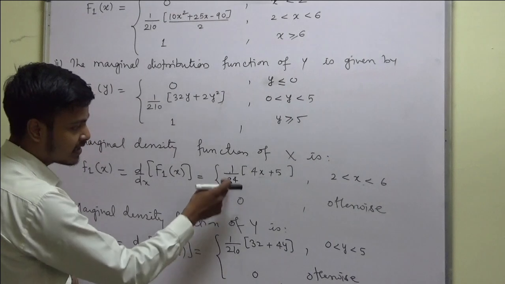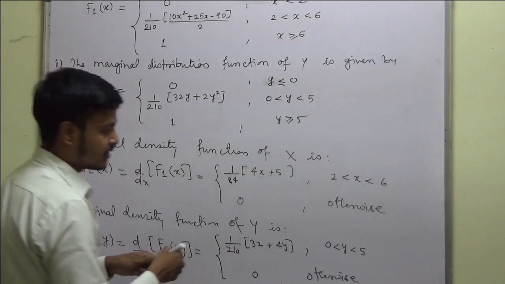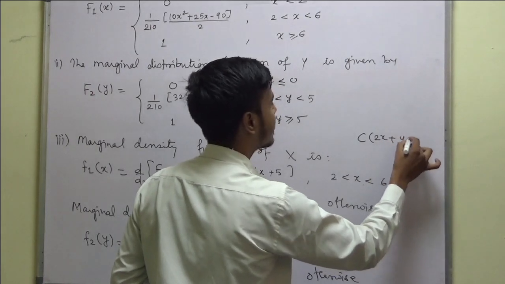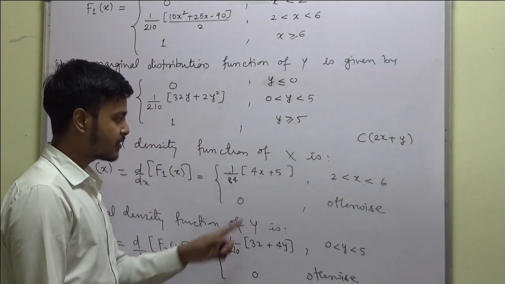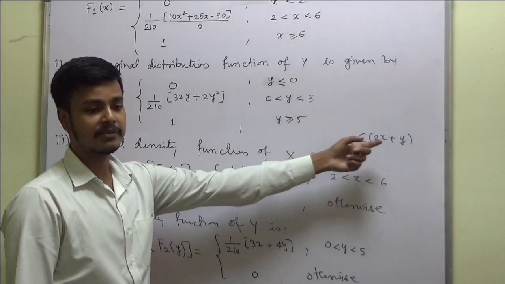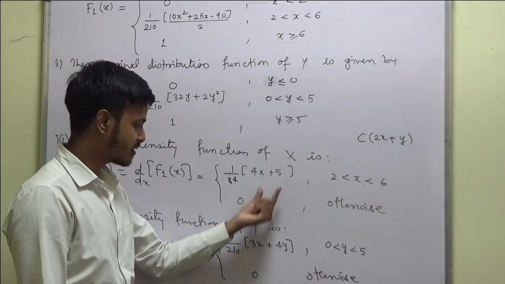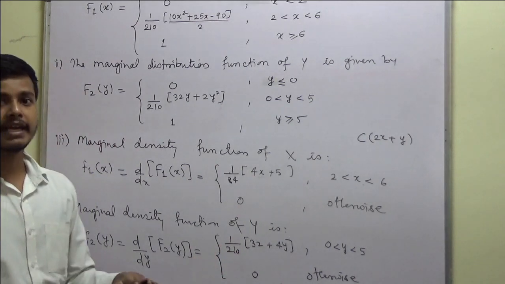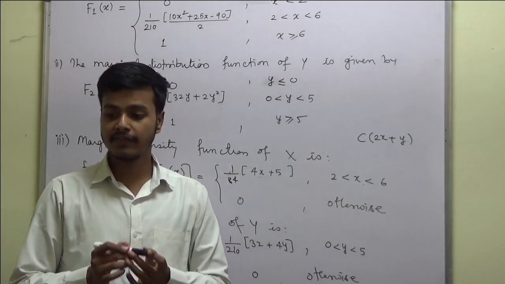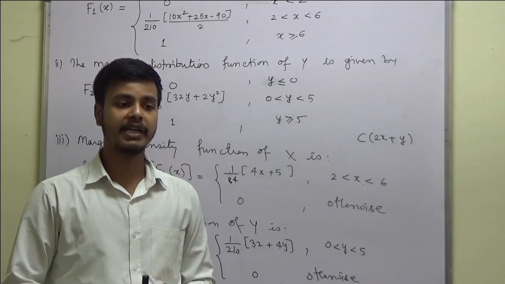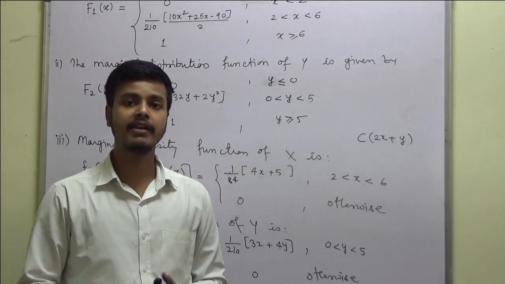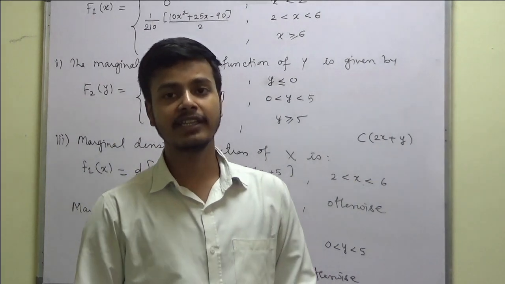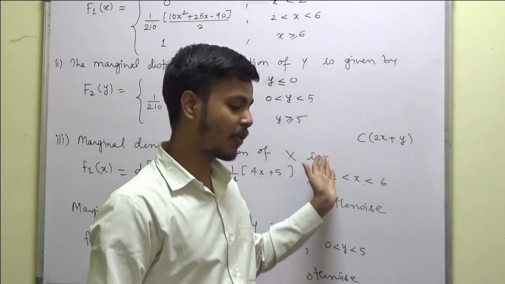This multiplication will not give you c into 2x plus y, because when you multiply, you're not getting something like 2x plus y, as plus is there in all the terms. So we can say x and y are not independent, or in other words, x and y are dependent variables. So that completes the very lengthy solution of this problem.